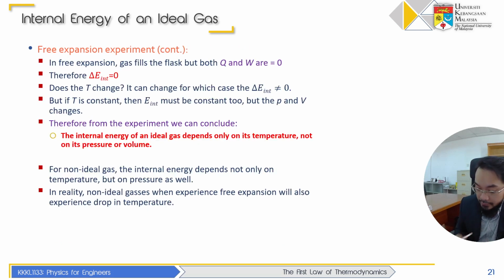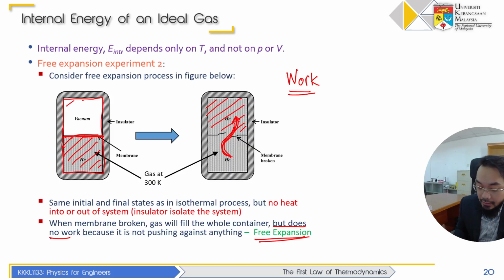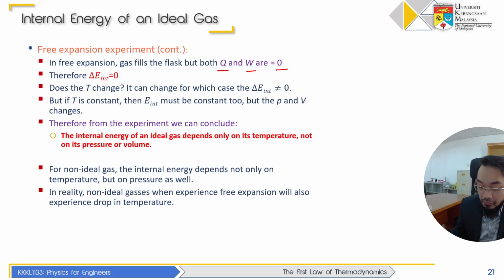In this free expansion, the gas fills the flask, but both Q and W are zero. Q is heat transfer; you have an insulator there, so no heat is transferred in or out of the system, so Q is zero. W is also zero, because the helium gas is expanding but not pushing against anything.